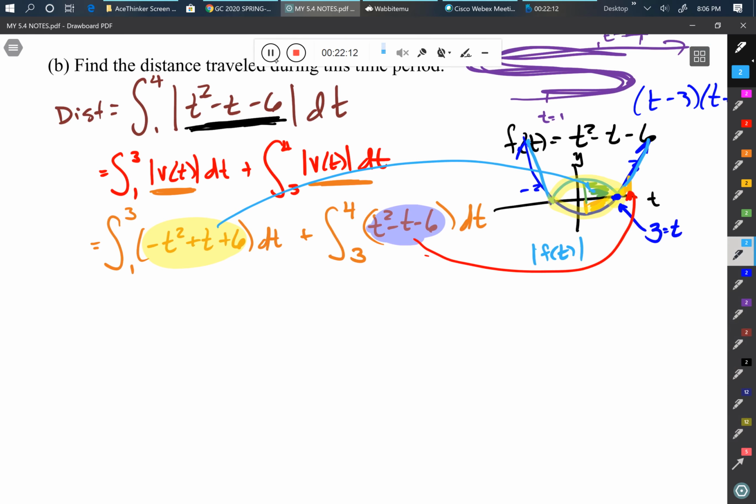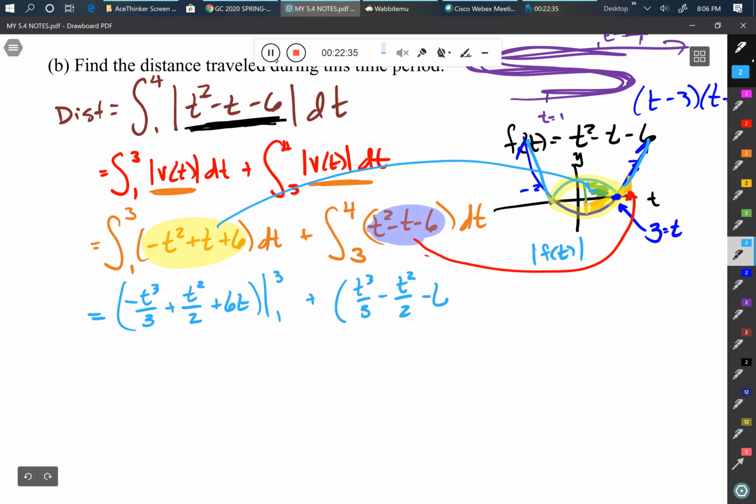So we multiply by a negative 1. And now I'll start doing the calculus. Right? Negative t cubed divided by 3 plus t squared over 2 plus 6t evaluated from 1 to 3 plus t cubed over 3 minus t squared over 2 minus 6t evaluated from 3 to 4.